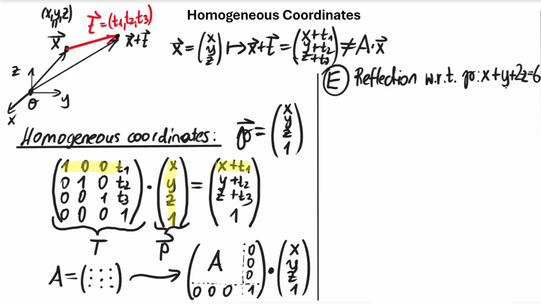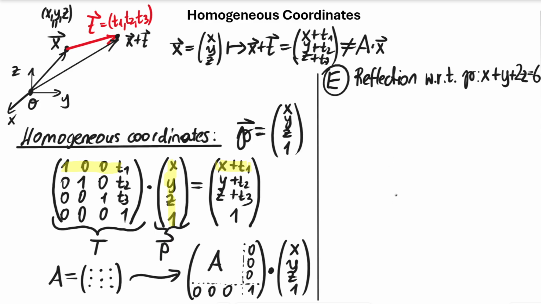So this plane does not go through the origin. It does not contain the origin. If you plug in 0, 0, 0 here, you see it is not 0, it is 6. So this plane clearly does not contain the origin.